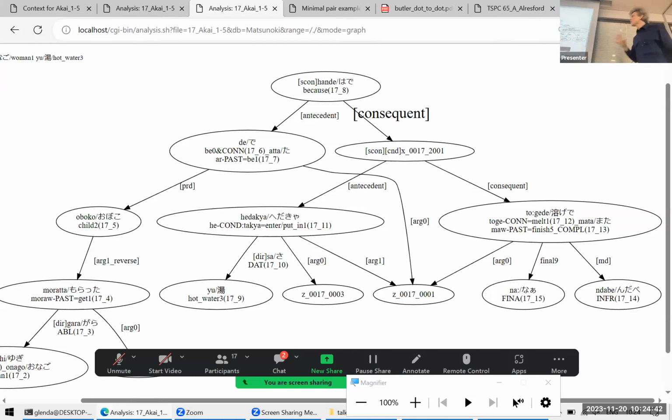So this is giving me a very nice way of annotating really quite difficult stuff otherwise, and having very tiny granular decisions about dependencies and relationships. We're also doing this for Old Japanese as well.